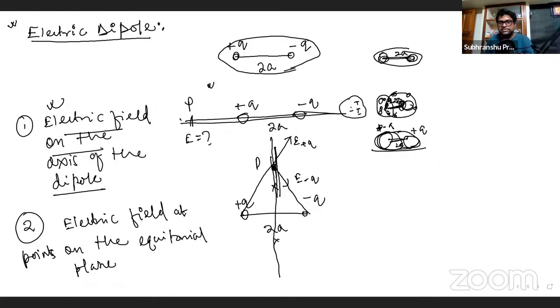Try to complete all the exercises. Then we'll discuss the last part, that is the equatorial case and dipole in an external electric field. These two cases we'll discuss in the next class, and then we'll test.